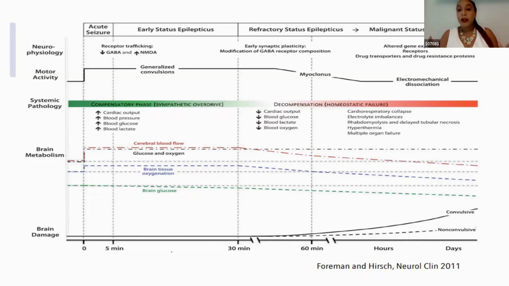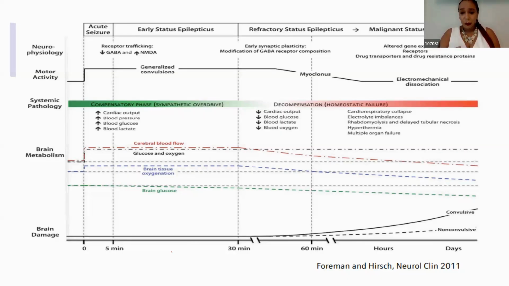Our bodies normally do that, and they're successful most of the time because the seizures usually abort within 3.6 minutes. But if they're not, then there'll be decompensation that leads to decreased cerebral blood flow. And if there's decreased cerebral blood flow, there's a decrease in brain tissue oxygenation, which means there'll be brain tissue injury.